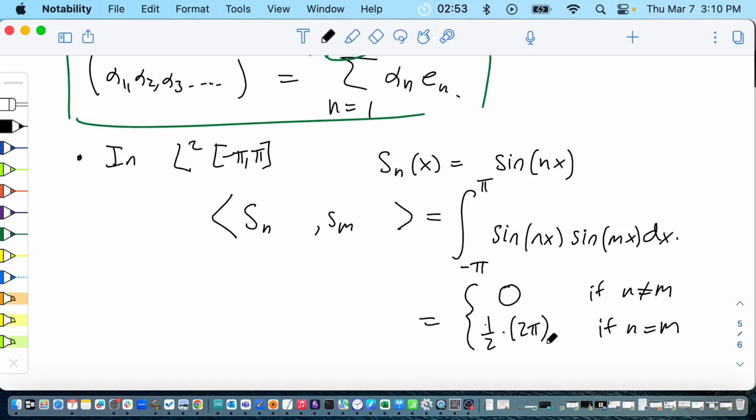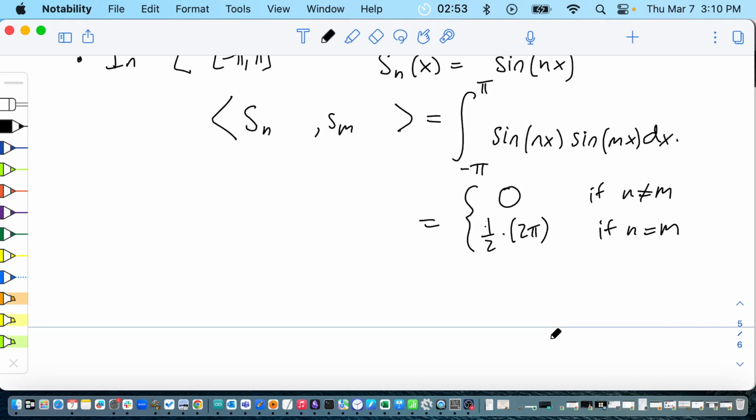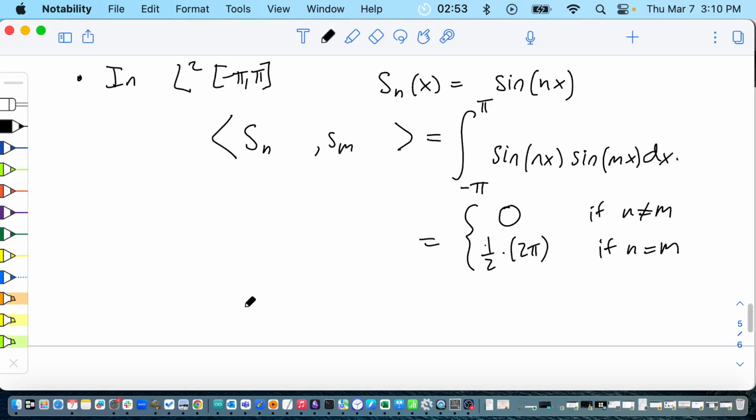So are these things orthonormal? No, they're not. Are they orthogonal? Yes. Between any two different ones, the inner product is 0. They're not orthonormal. If you want to make them orthonormal, you should look at the sequence 1 over square root of pi times sine of nx. This sequence will be orthonormal. I don't know, what do you want to call this? S hat of n.